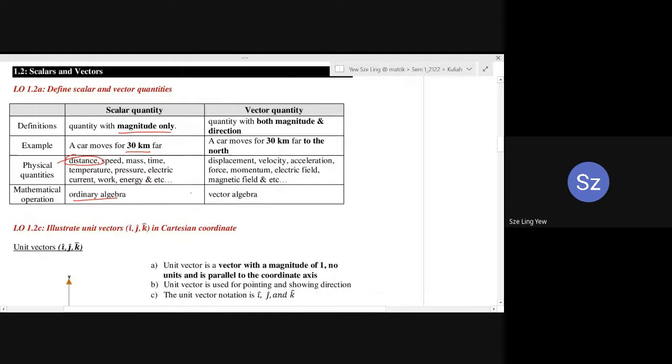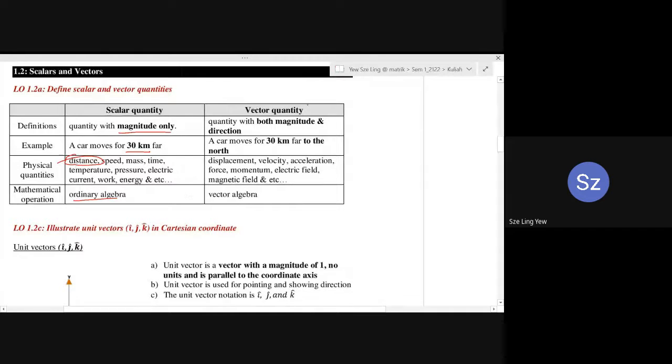If you're given two scalar quantities, for example 2 km and 30 km, you don't have to think whether to add or subtract them. If the question asks you to calculate the total, then you add. If it asks for the difference, you subtract. Don't have to think about the direction.